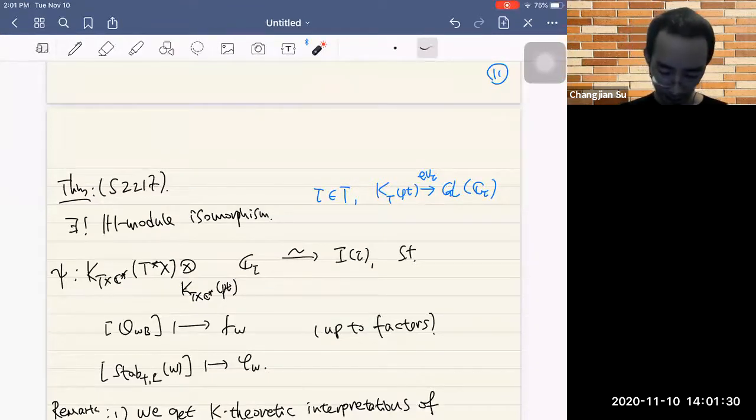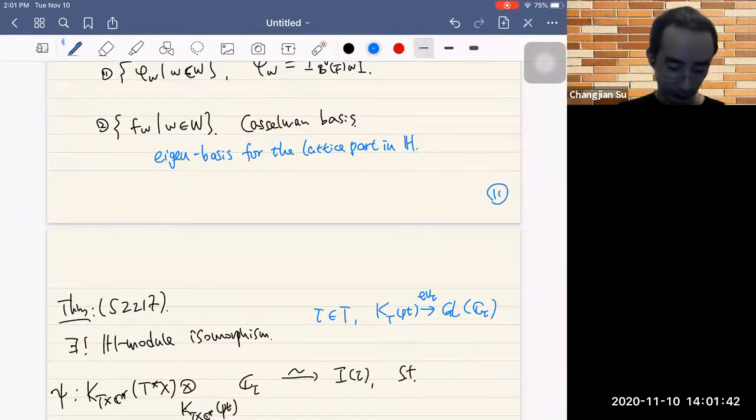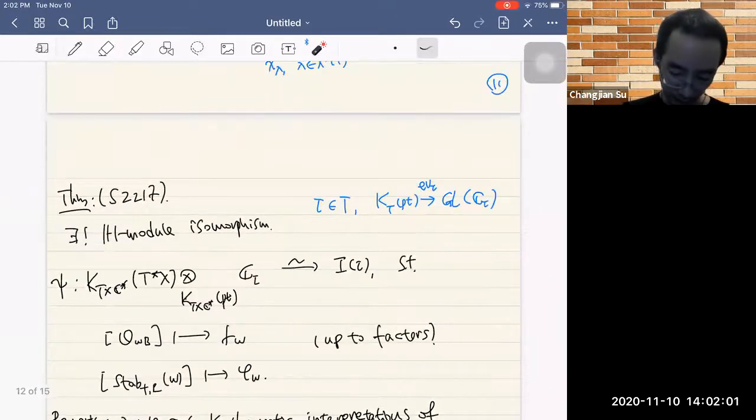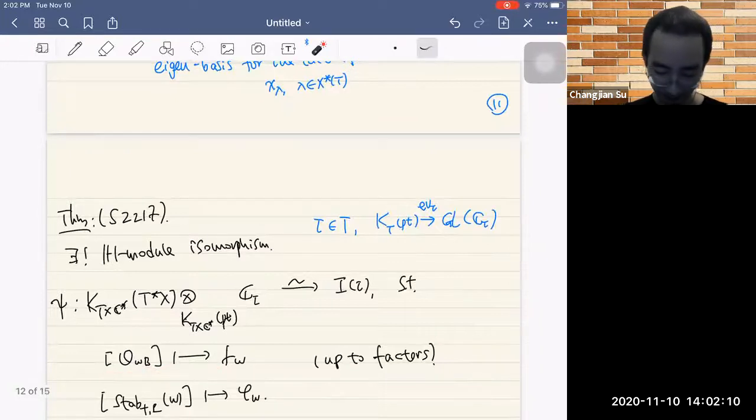I forgot to say: the lattice part inside this affine Hecke algebra, how does it act on the equivariant K-theory of the cotangent bundle of the flag variety? The lattice part, i.e. X^λ for a character λ, acts by tensor product with the line bundle L_λ. And what is the eigenbasis for tensoring with the line bundle? That is the fixed point basis. So this is well expected.